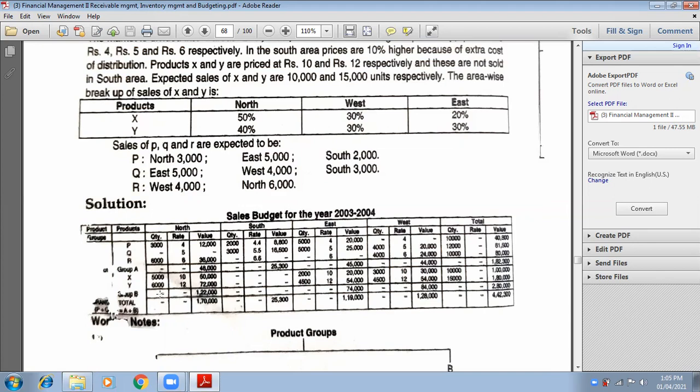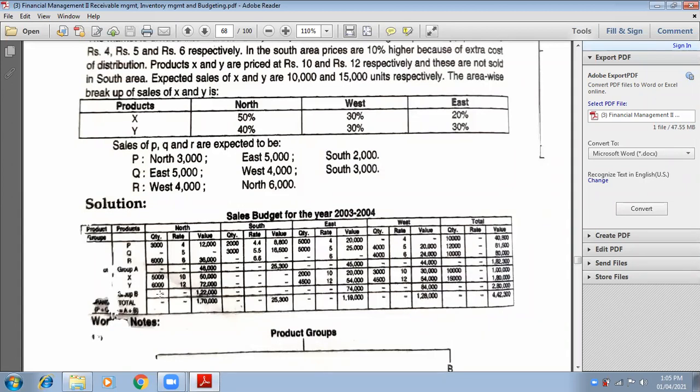Last column total. So 10,000 plus 15,000, you have 2 units, no? So add them and you will get 25,000. Is it correct? Yes, ma'am. And what is the value? 1 lakh plus 1,80,000.